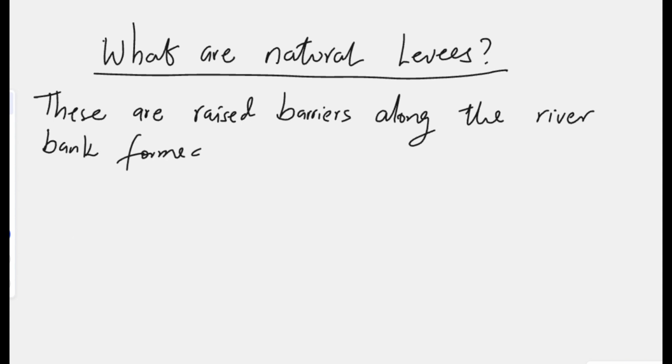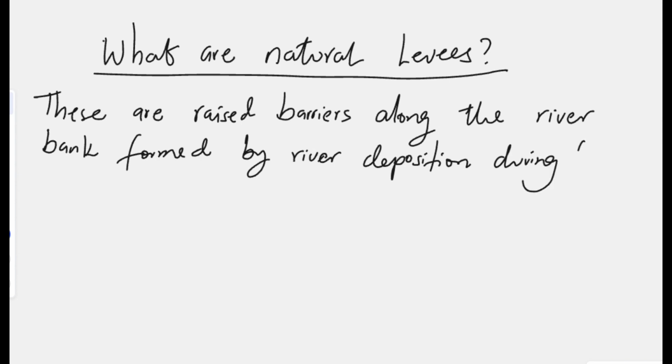When they are raising the river bank, we shall see that they are formed by river flooding. When river flooding takes place, we have deposition, and this deposition of the sediments leads to raising of the river banks. And these river banks, when they are raised, that's when they form the natural levees.